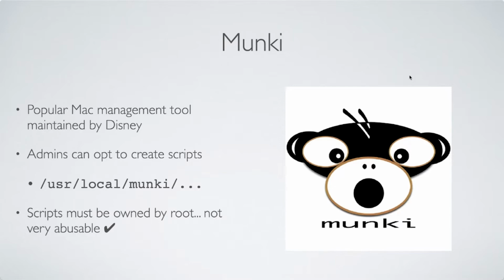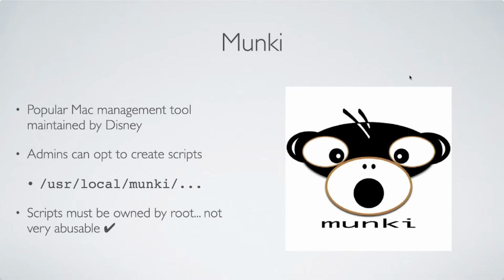I actually created this presentation originally for an audience that wasn't all Mac users, so thus the explanation of what Munki is. But those scripts for Munki, fortunately, must be owned by root. So that makes it not really very abusable. If you've already got root, there's no point in going in and editing Munki scripts in order to do something malicious. You just do something malicious with your root access.